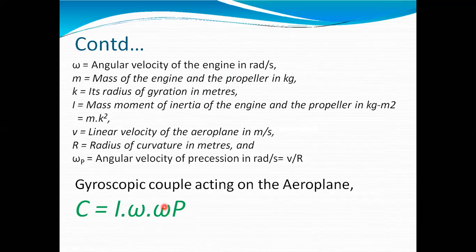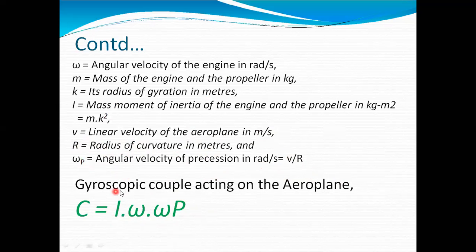So for identifying the value of precessional angular velocity omega p, we can have the formula also V upon R, where V is known as the linear velocity of the aeroplane in meter per second, and R is called radius of curvature when vehicle is taking turn either in left direction or in right direction, and this can be taken in terms of meters. So V by R will be equal to omega p taken in the units of radian per second.